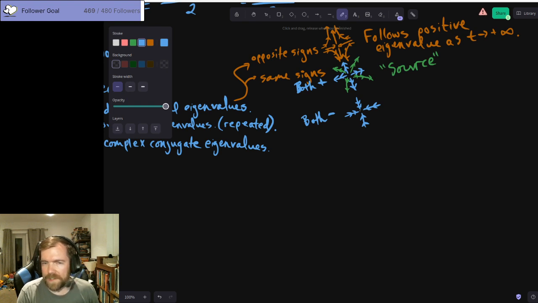And as Don joked, this is going to be a sink. Everything is moving in toward this particular point. This is where we get the phrases, literally the sink, but also heat sinks and other stuff like that. This is the place to which all of this is flowing.